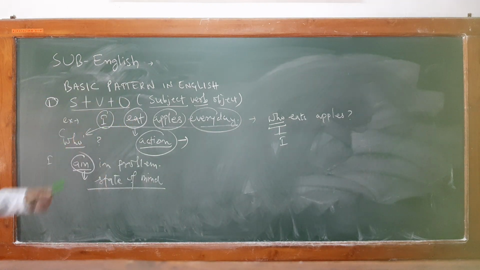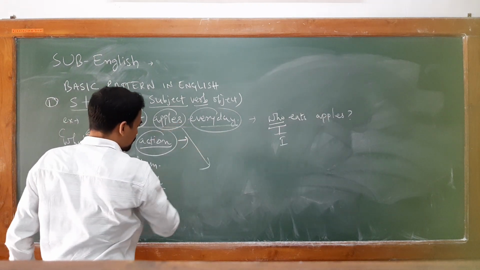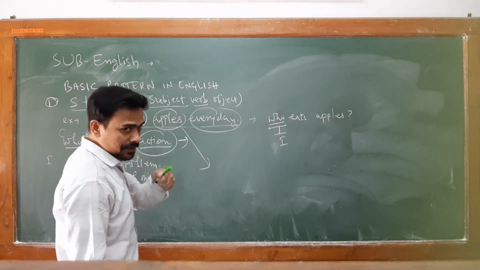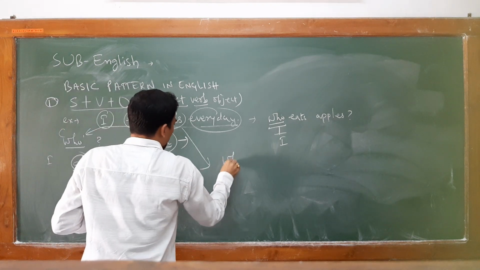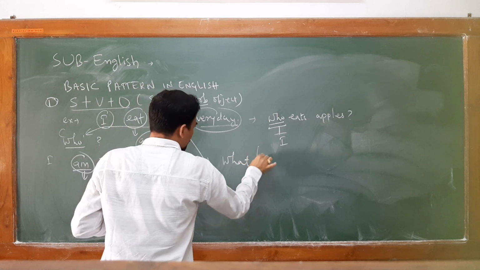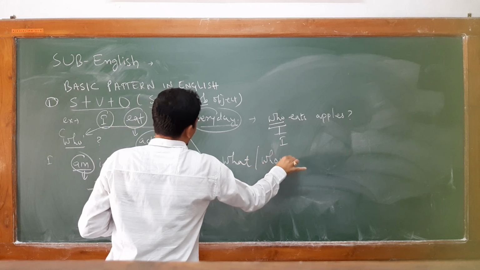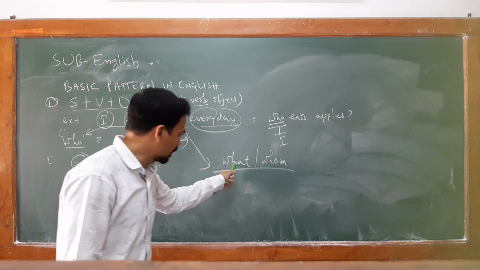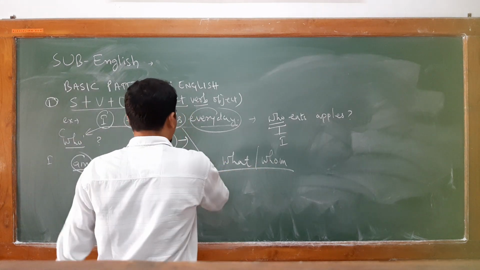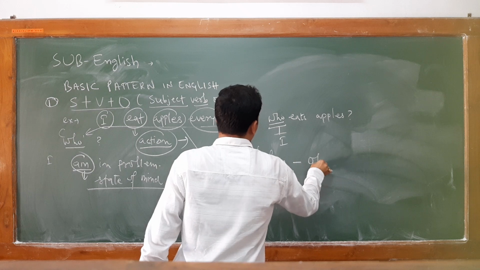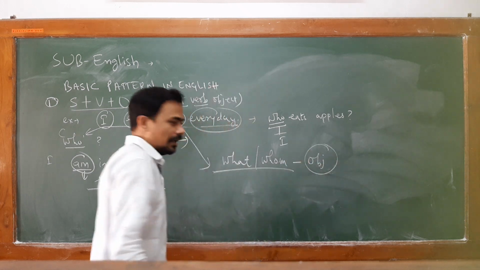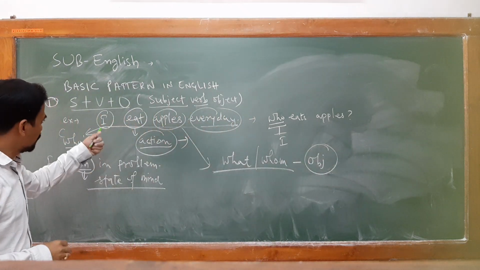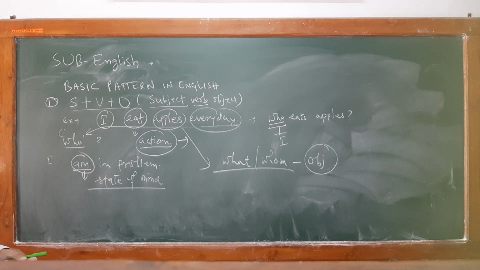Now, how to find out the object? Apples. By using who you get your subject. By using what or whom, any WH word, either what or whom, you can find your object. Now you make a question by using what and whom here.